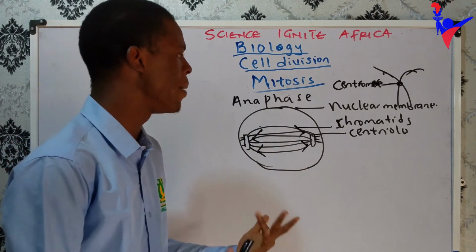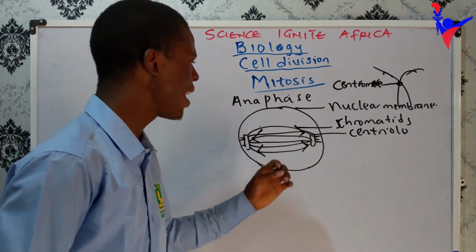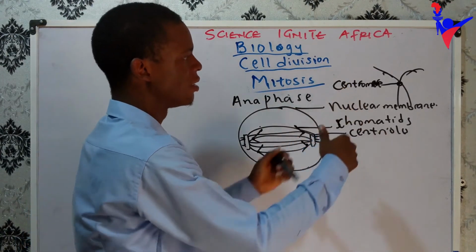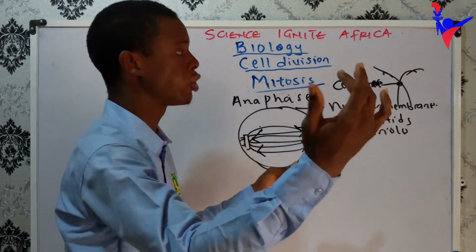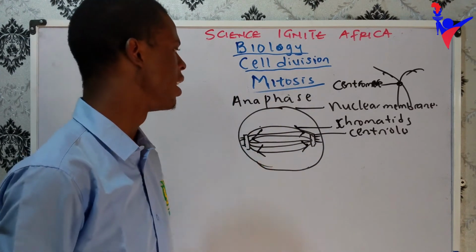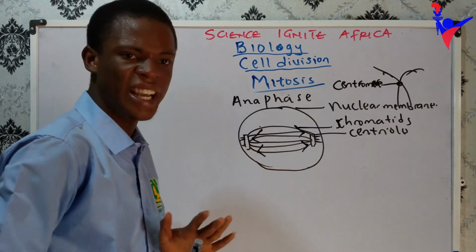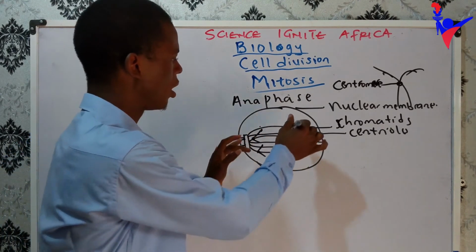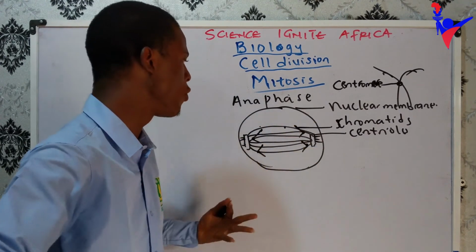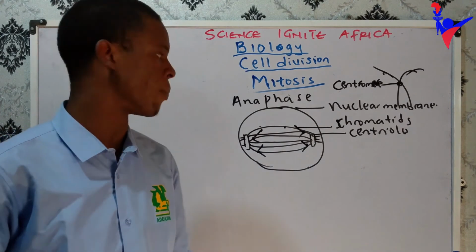And what helps them in moving? The centromere and the kinetochores. I told you the centromere is a protein-like structure that joins the chromatids together, and what helps them in easy movement is what we know as our spindle fibers. They move towards opposite poles because of these spindle fibers that are being formed.